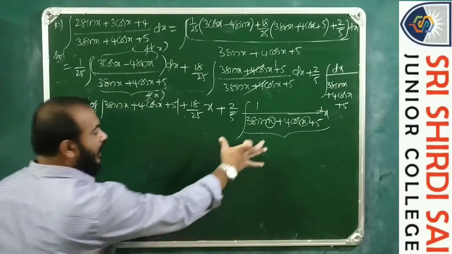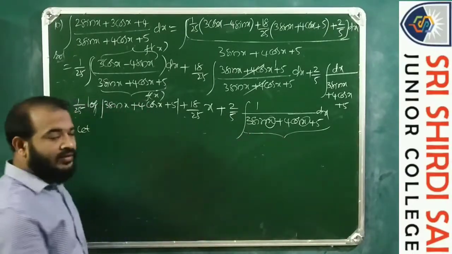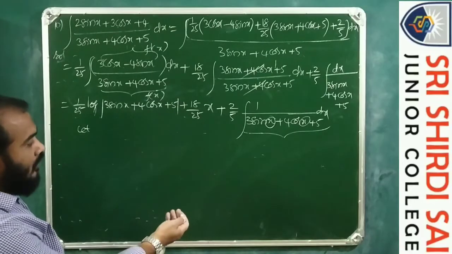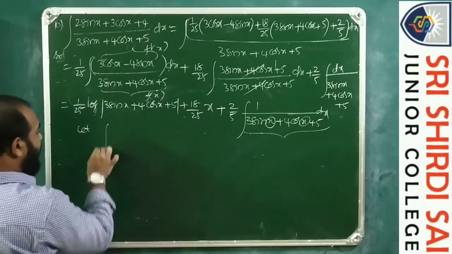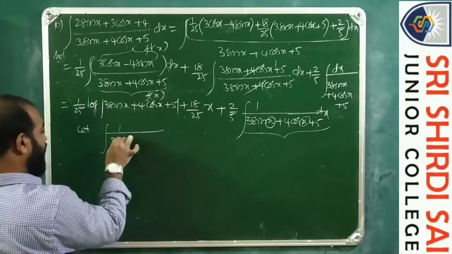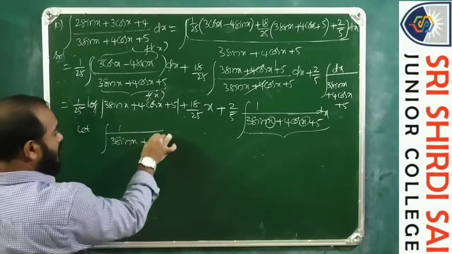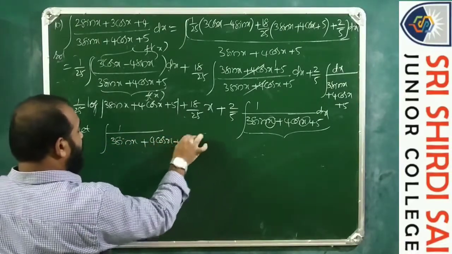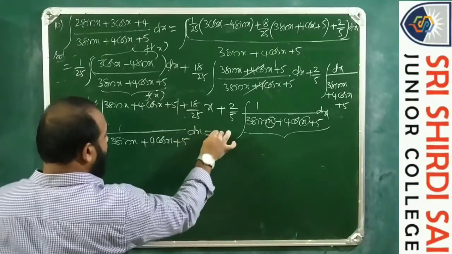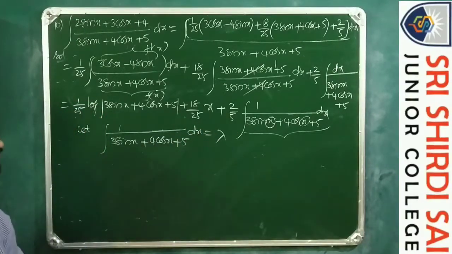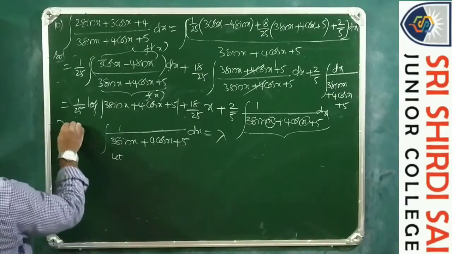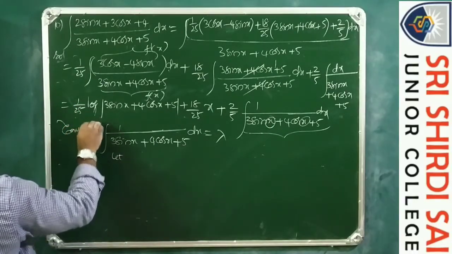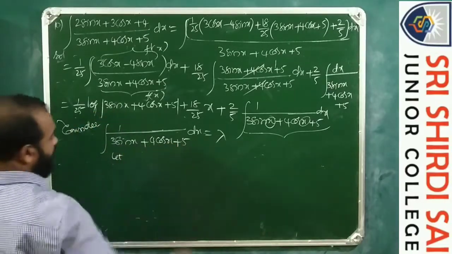That is why I will take this to be some lambda or mu. So let integral 1 by 3 sin x plus 4 cos x plus 5 dx be lambda.